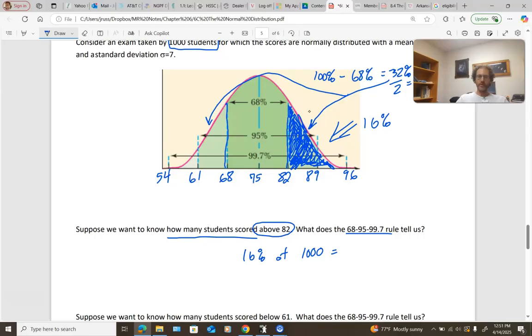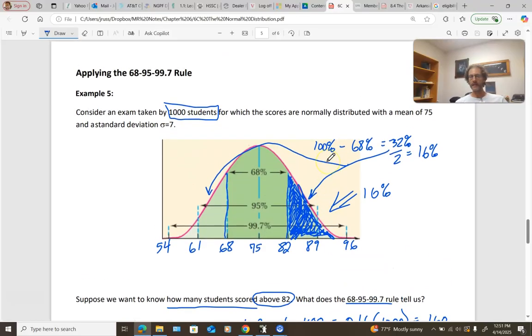Okay, remember you would change that 16% to a decimal and then multiply it by 1,000. If you do that, you are going to get 160 students. So 160 students scored above an 82. Okay, or in other words, you could say 160 students scored one standard deviation and higher above the mean.